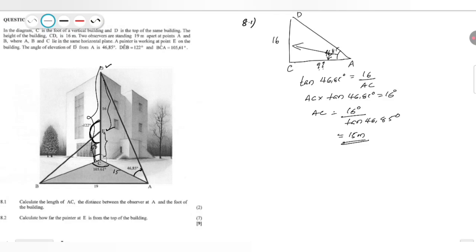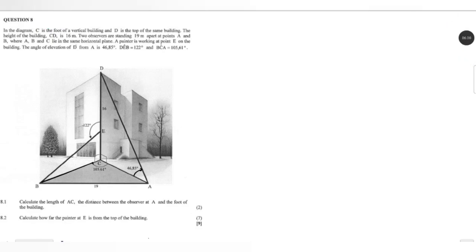Now on the right angle triangle, if we can make BC available, then we can find CE. After finding CE, subtract from CD and you will get the answer. So now my duty is to find BC. If I can get to BC, things are going to be very easy. So let's do 8.2. I'm moving to 8.2.